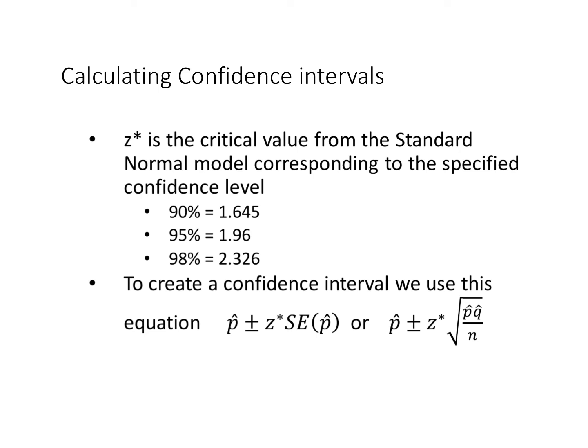The two Z scores for the middle 95% are 1.96, and for 98% are 2.326. This is how I know those things before I actually plug them in my calculator, because I've memorized these over the years, and I expect you to have these memorized. You need to memorize those three values. You don't want to have to go into the tables and find that critical value.